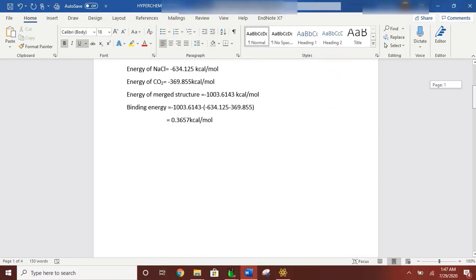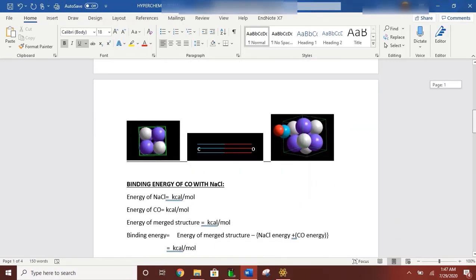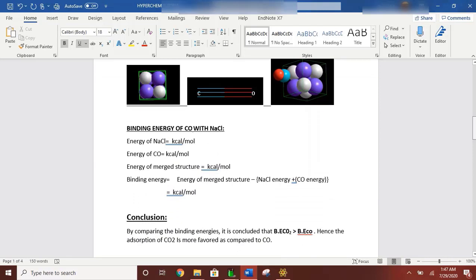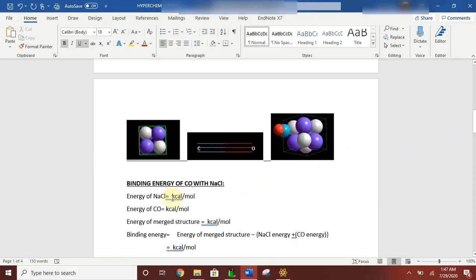After noting it down, move towards your work file. Now we calculate the binding energy of carbon monoxide on NaCl. Write the energy of the NaCl molecule here.